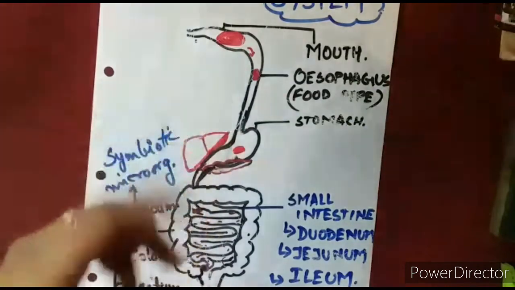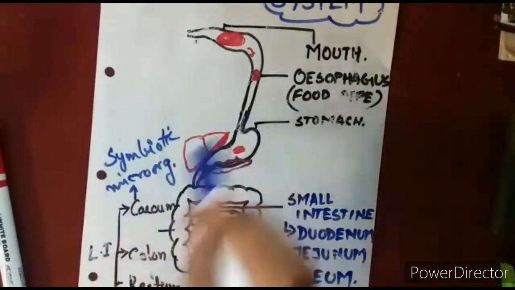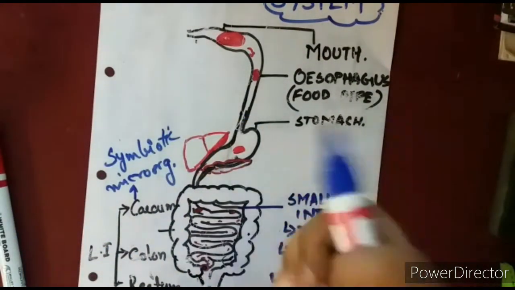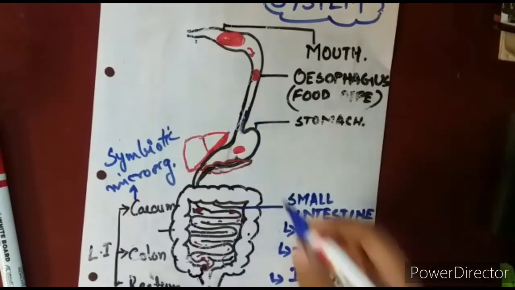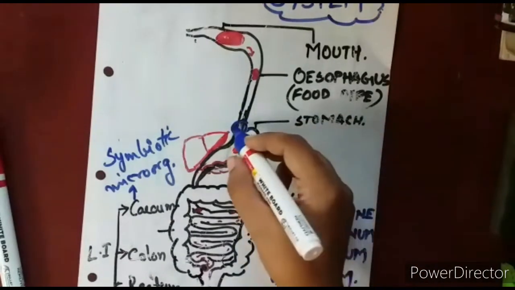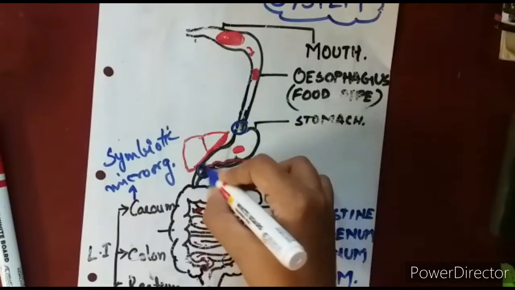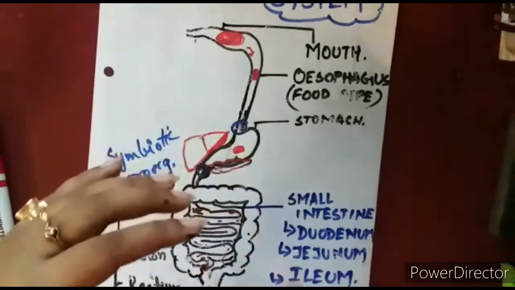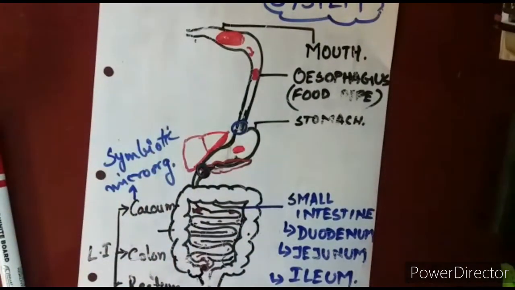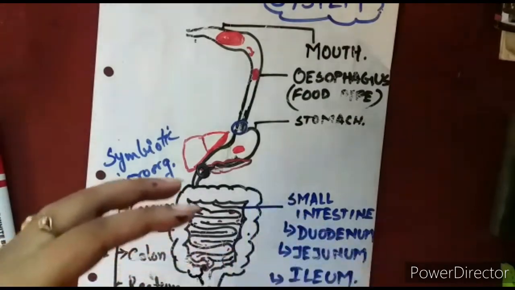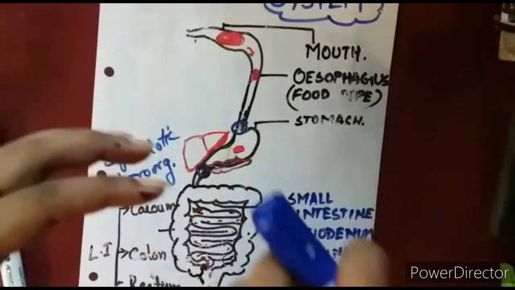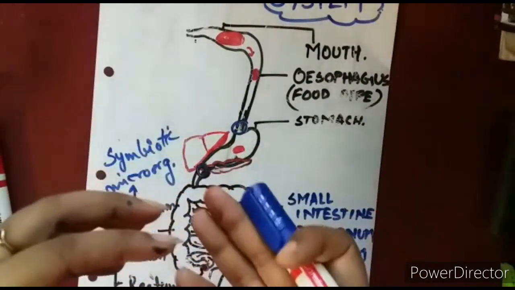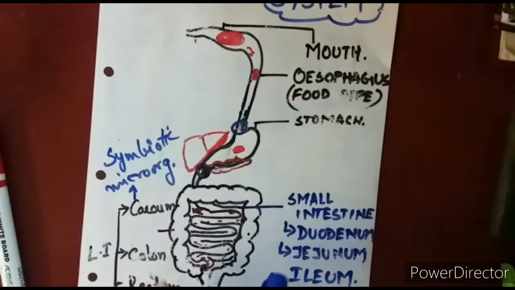Another thing I have forgotten: in the stomach there is an elastic muscle, known as sphincter muscle. One is over here, another is over here. These two help in the easy going of the food, so that once you are taking the food, it doesn't move in a bulk amount at one time. Slowly the food should pass into the stomach, and similarly in the small intestine and large intestine.